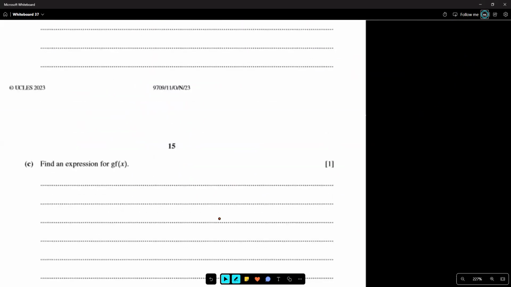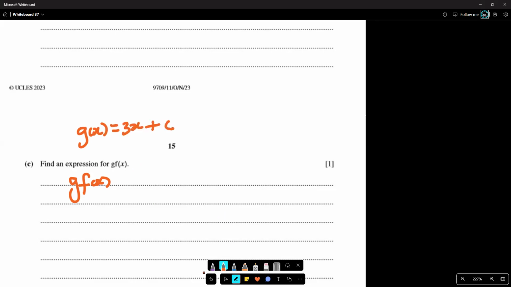The next part, they want us to get the composite g f of x. So it's like we substitute. Remember g of x is basically 3x plus 1, and then f of x is basically 4x squared minus 12x plus 13.